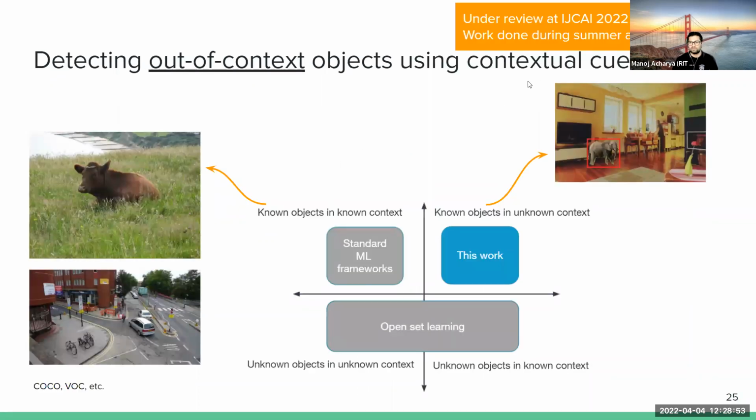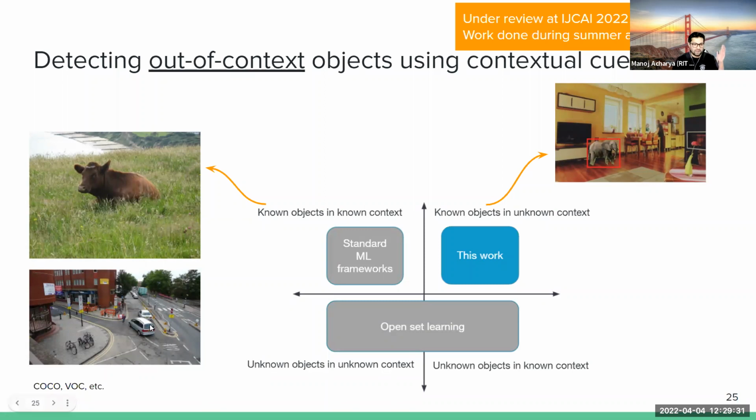Okay. So this was the work that was done during my summer intensive at SRI International, and this is still under review at ISAAC High 2022. Here I show a chart where different quadrants show that in the first quadrant, most of the ML frameworks trained for object detection operate in this regime, where we have known objects in known context, meaning cows are usually seen grazing around grasses, or cars.